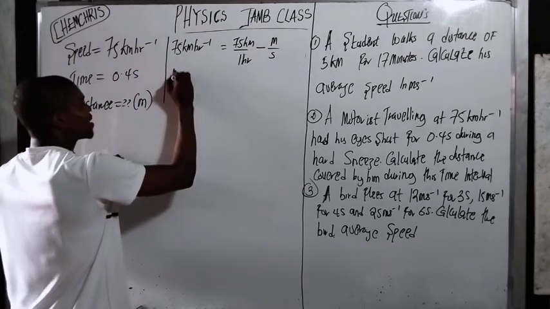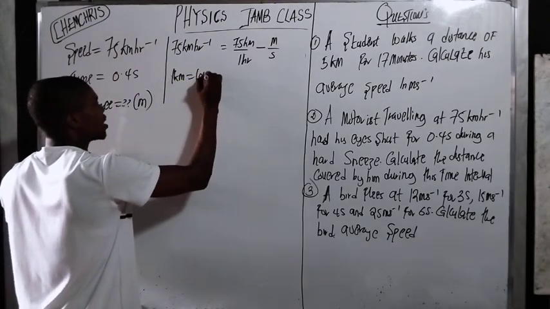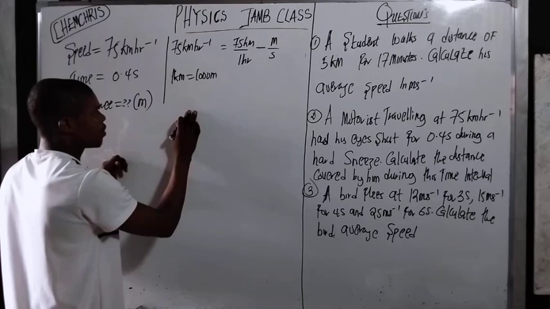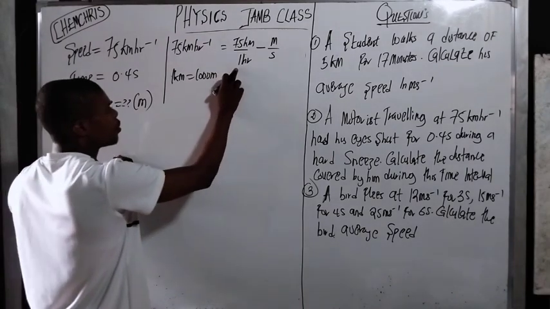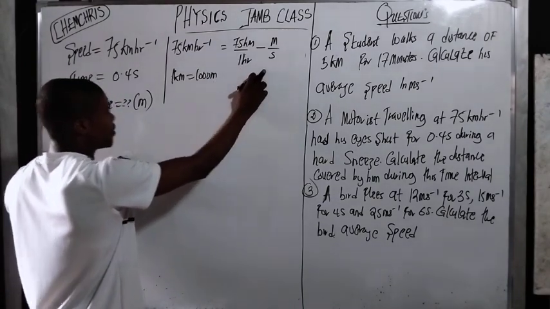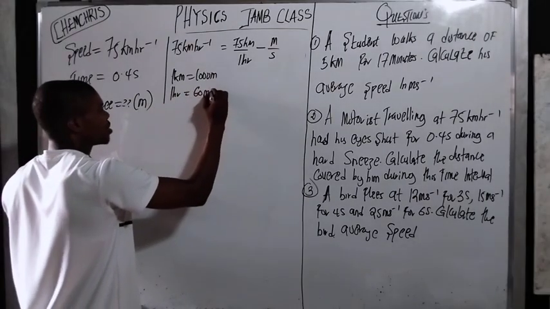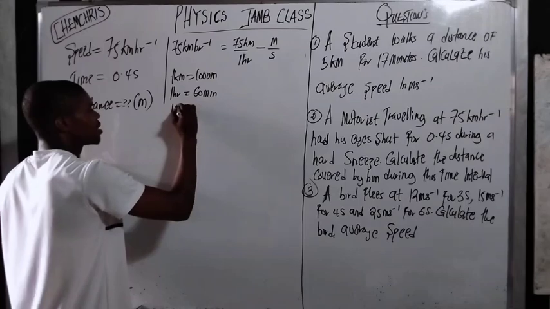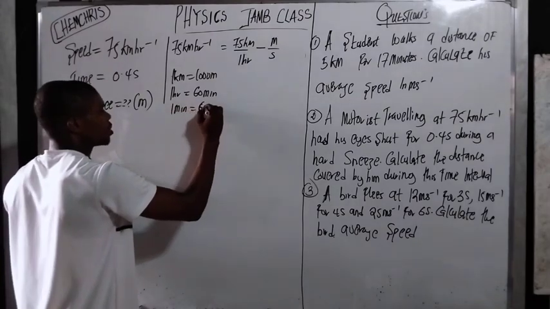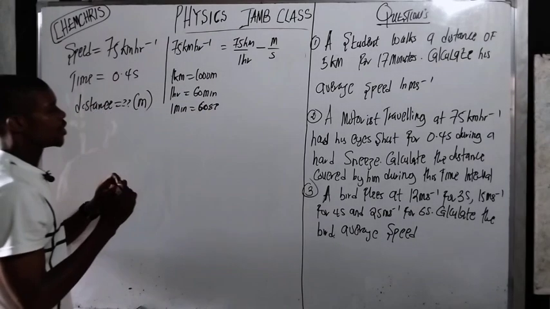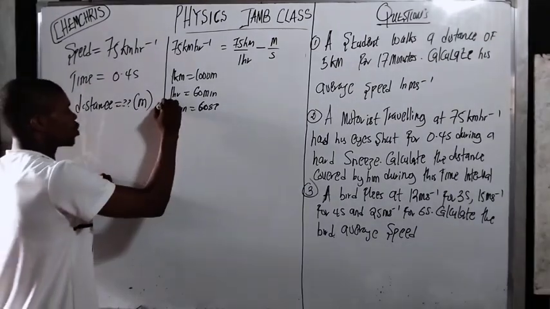Remember, 1 kilometer equals 1,000 meters. And to convert hours to seconds, remember, 1 hour equals 60 minutes, and 1 minute equals 60 seconds. So this is the conversion we are going to make use of.